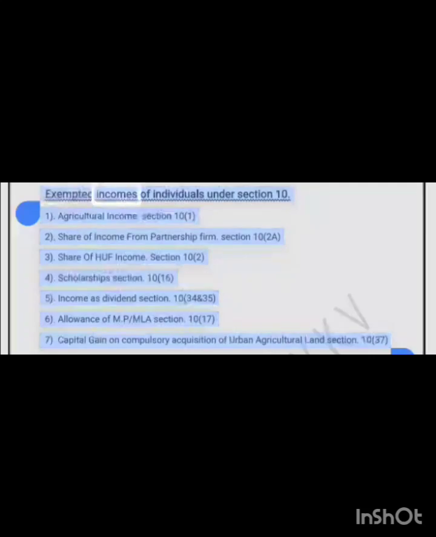Exempted incomes of individuals under Section 10. 1. Agricultural income, Section 10(1). 2. Share of income from partnership firm, Section 10(2A). 3. Share of HUF income, Section 10(2). 4.